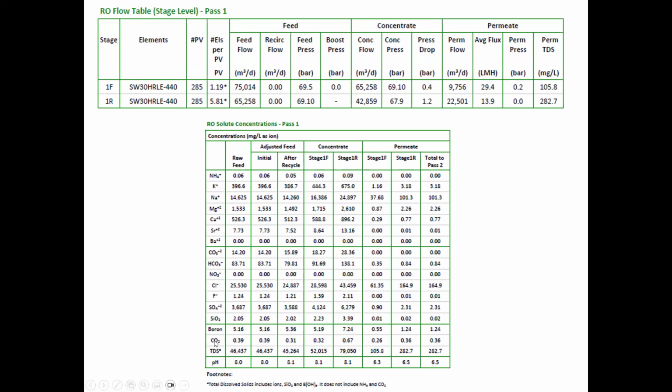So you can see all the detailed individual ion rejection, especially the boron concentration at the permeate level. You need to make sure it is less than this concentration. So I can see all the individual ions from your report, and I can also see whether you designed to the detailed target for this kind of individual compound.